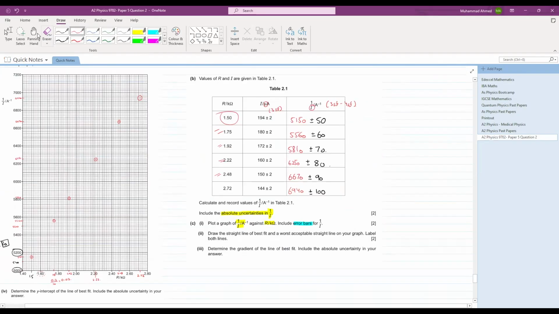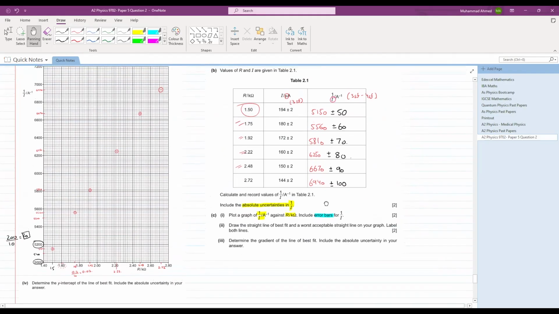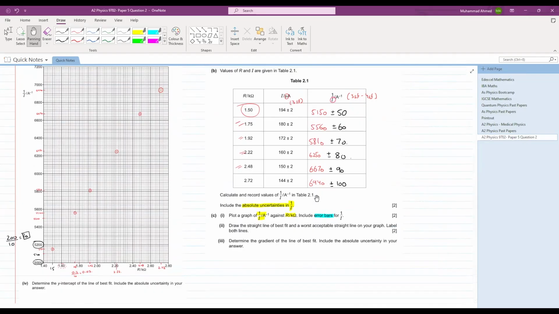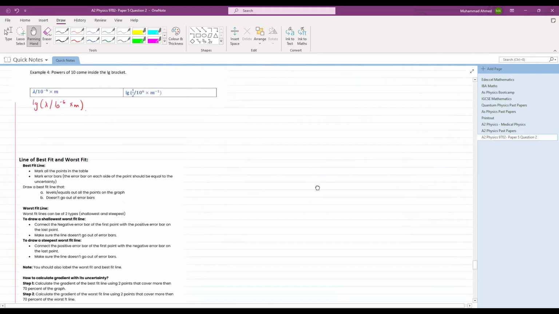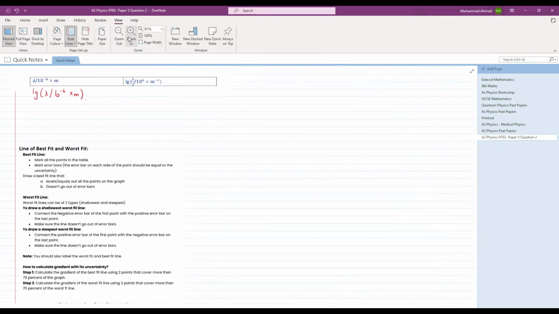And you have to first of all draw a line of best fit using this. Now, how will you draw a line of best fit? Let's read out some theory for line of best fit.